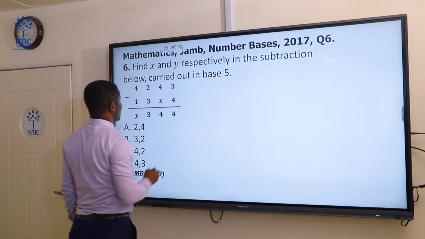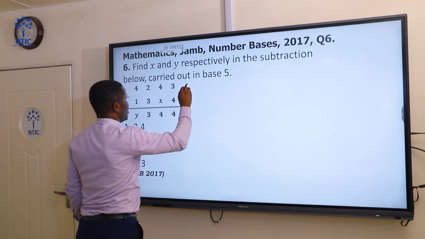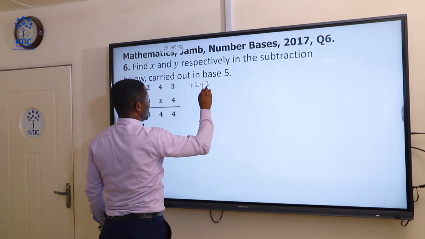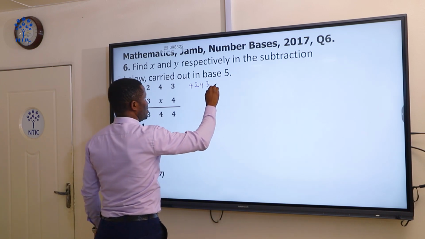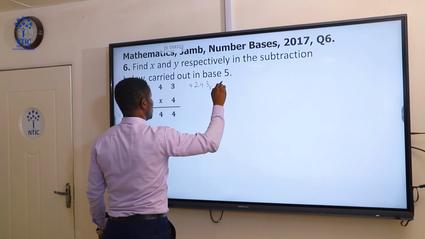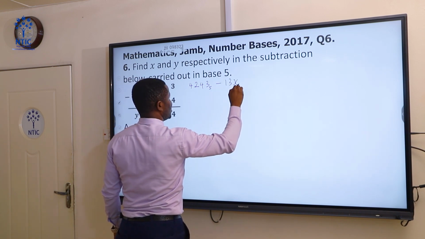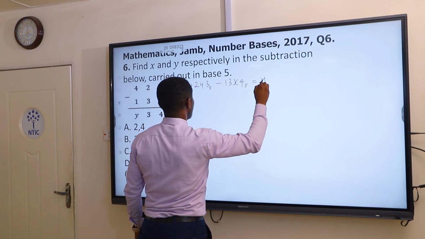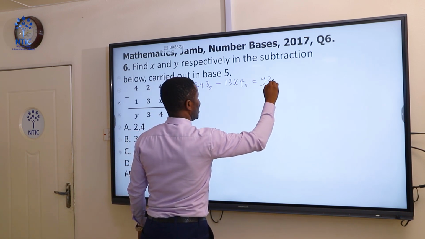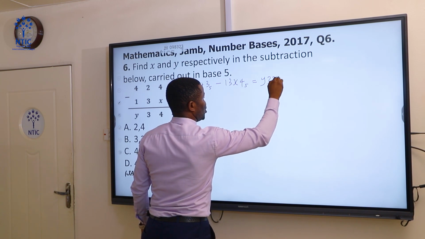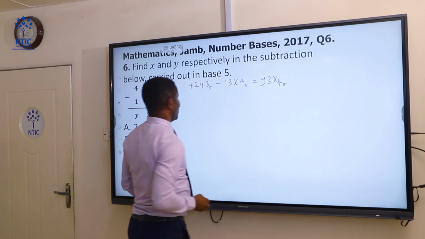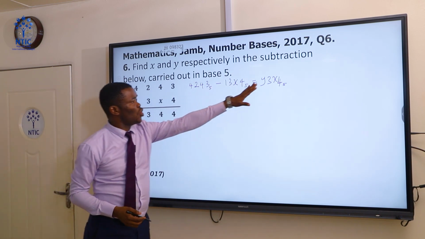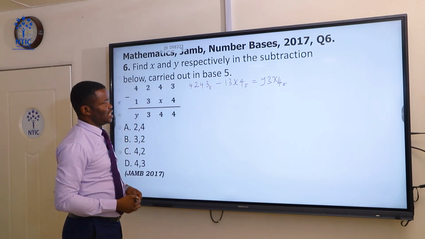We are going to arrange this problem this way. 4243 in base 5 minus 13x4 in base 5 is equal to y3x4 in base 5. So we'll look at what we can do to convert all these ones to base 10.